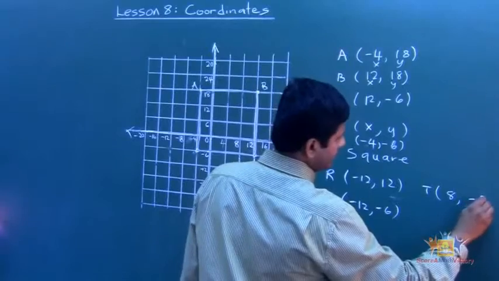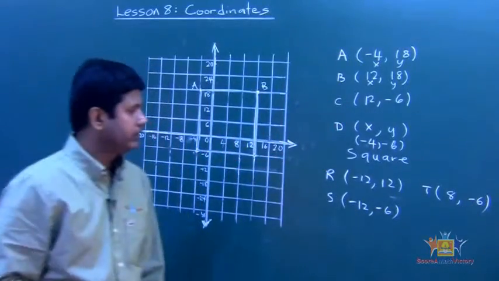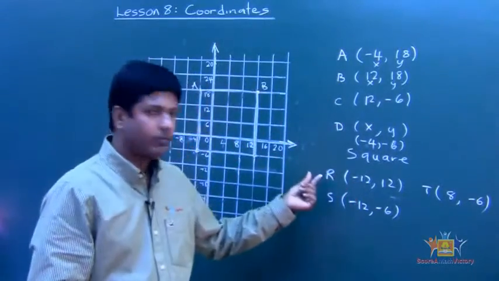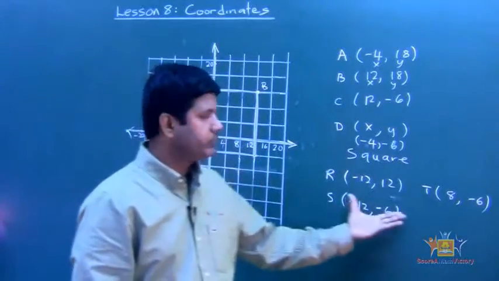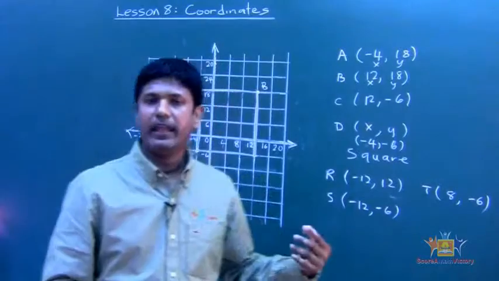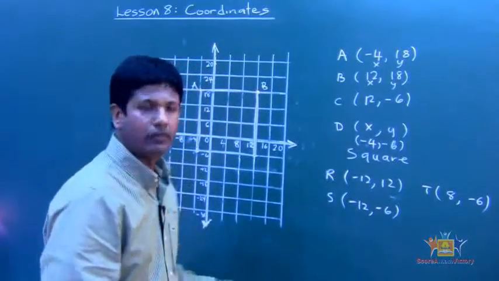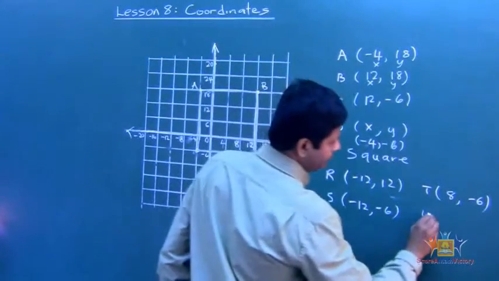So I told you that I give you points R, S and T, and that they form a rectangle, and I want you to find the vertex for U.